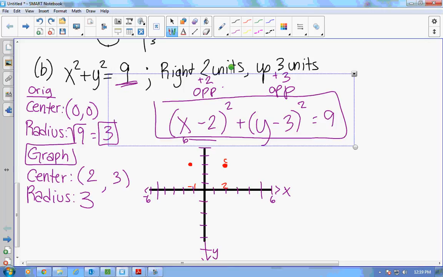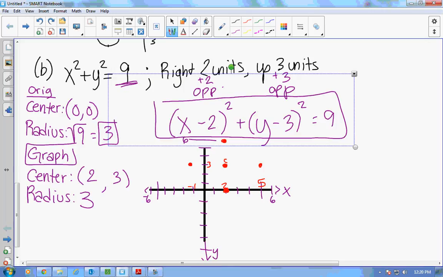Now I need to go to the right. How many units from the center? 3. If I'm at positive 2 and I go right 3, good, positive 5. Right here. I also need to go up 3. If I'm at a height of 3, I need to go up to positive 6. If I'm at a height of 3, I need to go down to 0.